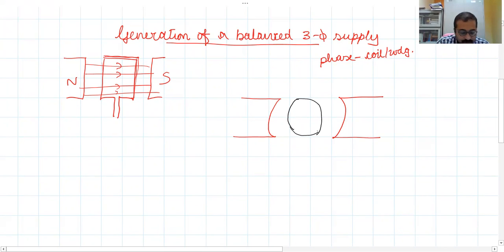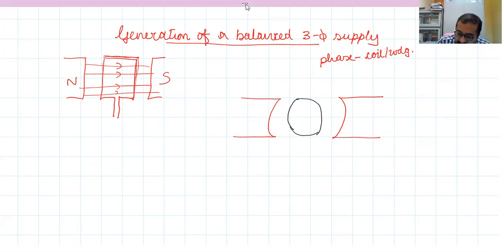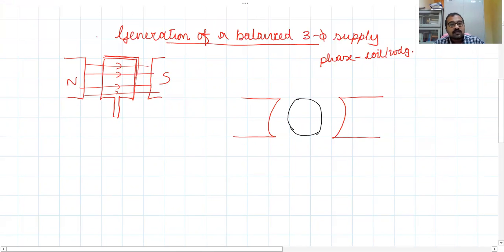In this rotor, you will place conductors. Let me mark this coil: this is the forward path A, this is the return path A dash. Similarly, there will be three coils: A dash, B dash, and C dash. These three together will constitute a three phase.